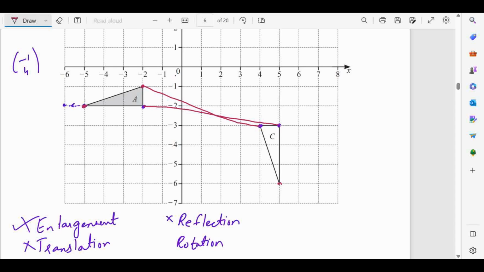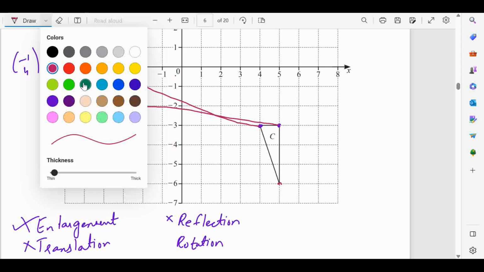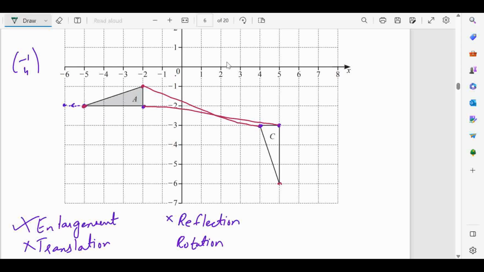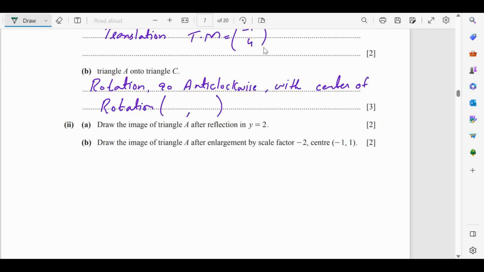If we draw the perpendicular bisector of each line, they meet at this point for this particular case. So we can see that this will be the center of rotation, 2 and 1. So 2 and 1 will be the center of rotation.